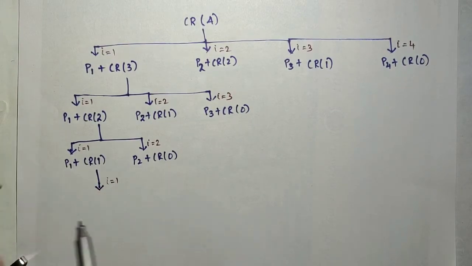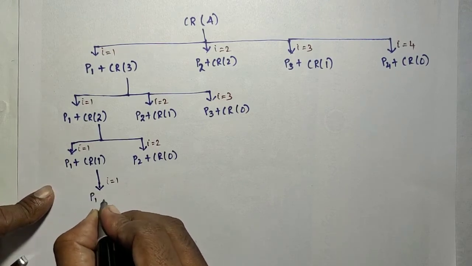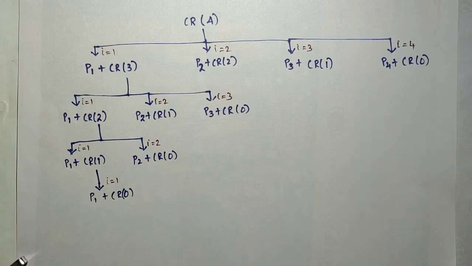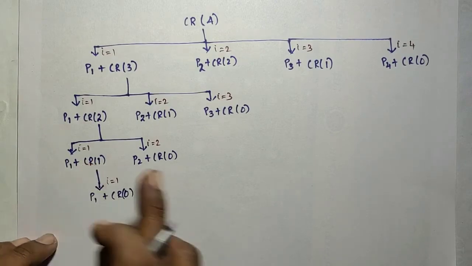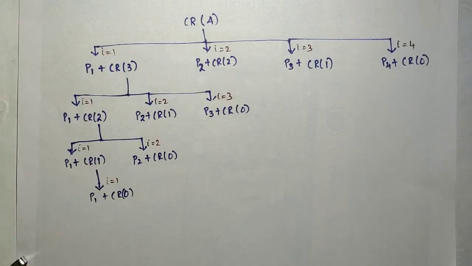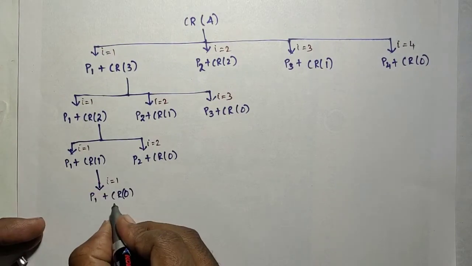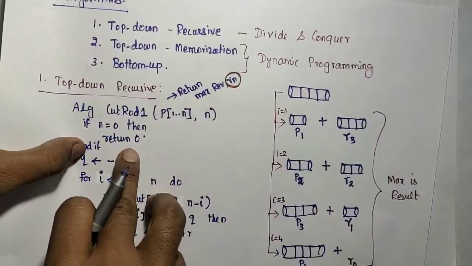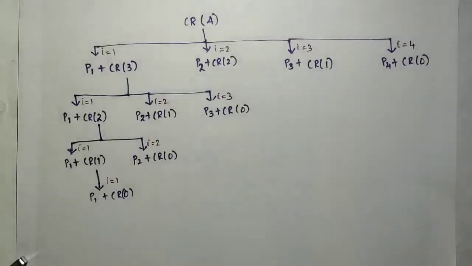In that case p1 plus CR of 0, like that it will be called. I equal to 1 only, n equal to 1. So CR of 0, as per that algorithm, is the smallest subproblem. CR of 0 means it is 0, so 0 will be returned here.